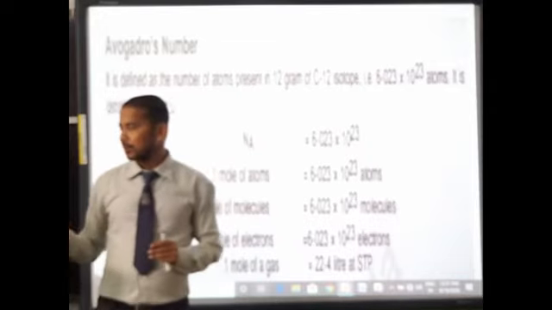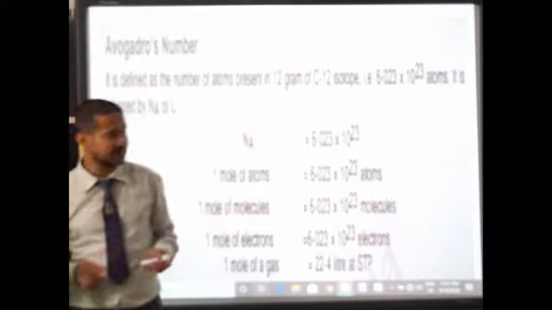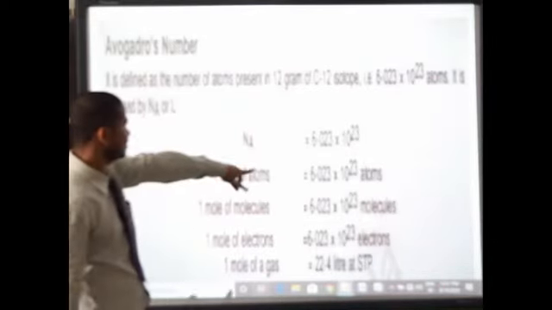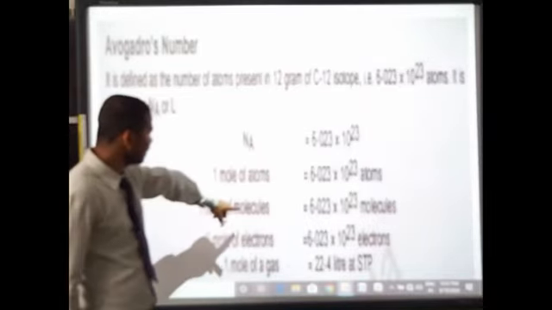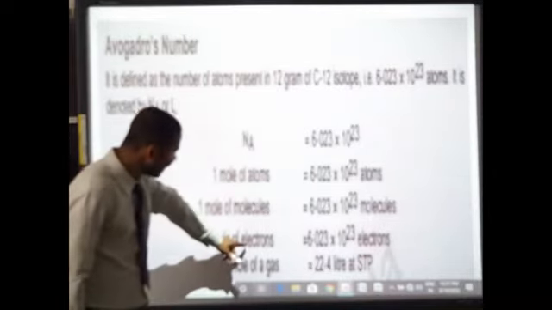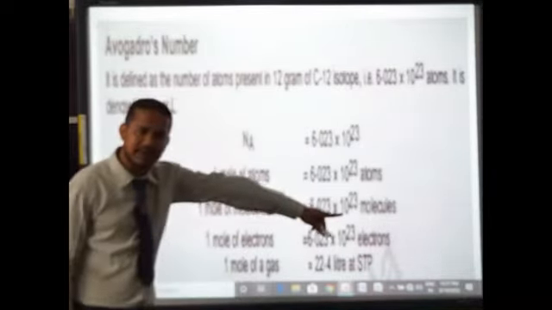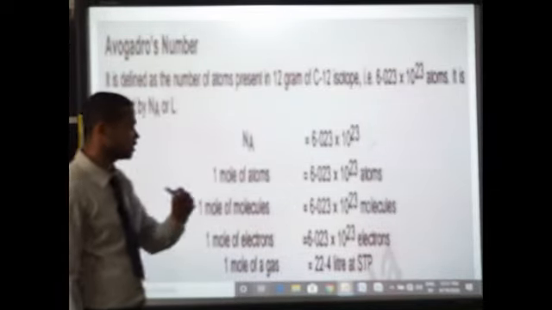So Na means 6.022 × 10^23, and I said 1 mole of atoms means Avogadro's number of atoms, 1 mole of molecules means Avogadro's number of molecules, 1 mole of electrons means Avogadro's number of electrons, and 1 mole of a gas means 22.4 liters at STP.